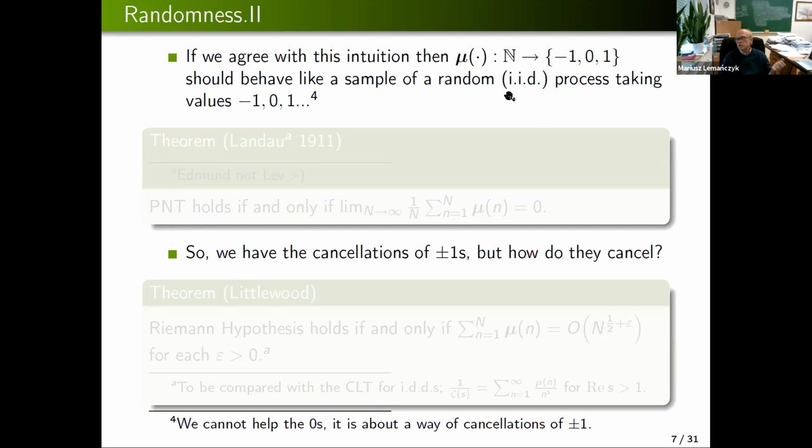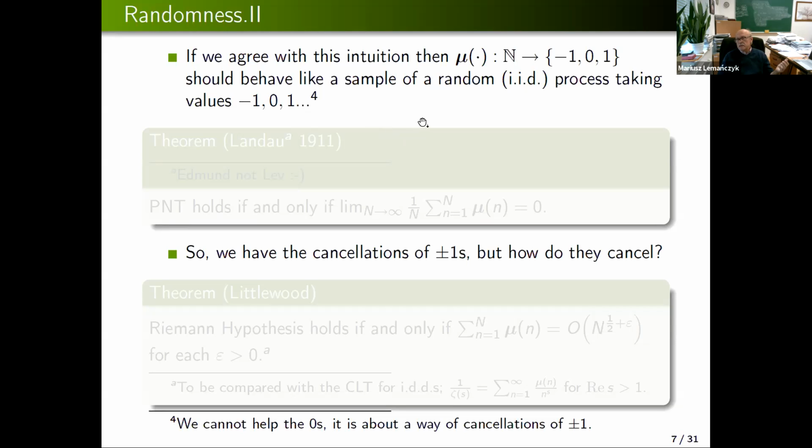What random process? The most chaotic process, which means an independent, identically distributed process. In our situation, the values are -1, 0, 1. This clear picture about randomness is somehow perturbed by the fact that I have zeros, right? At any non-square-free number, the value is equal to 0, and I cannot do anything with that.